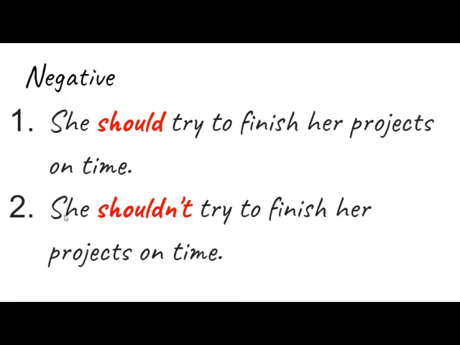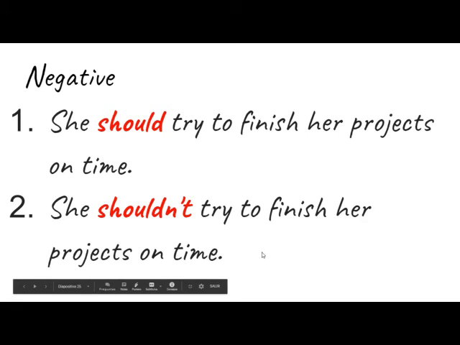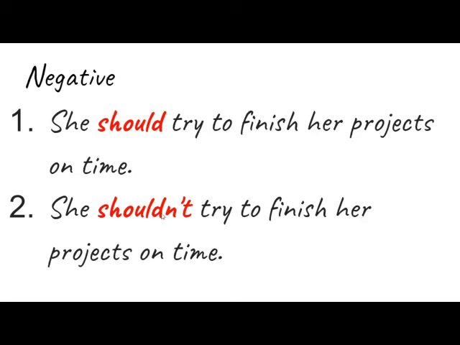En este caso, she shouldn't try to finish her projects on time. And this is all. Y ya está hecho en la negativa, ¿ok? Solo cambiando el modal, aumentándole not o con contracción, shouldn't, ¿ok?